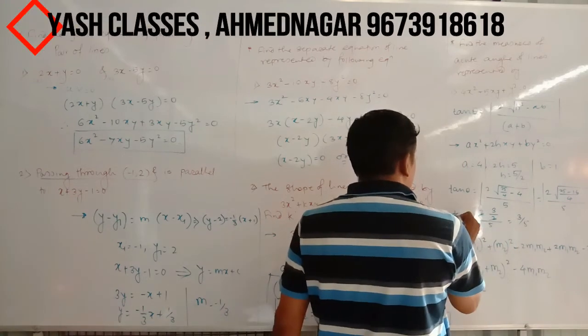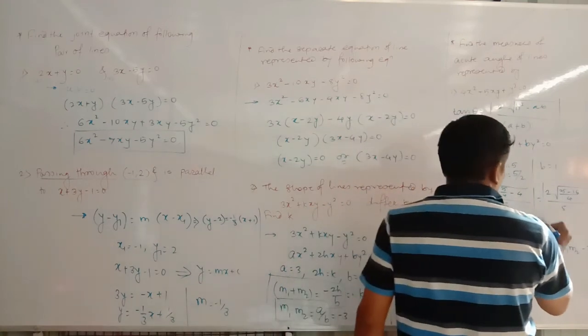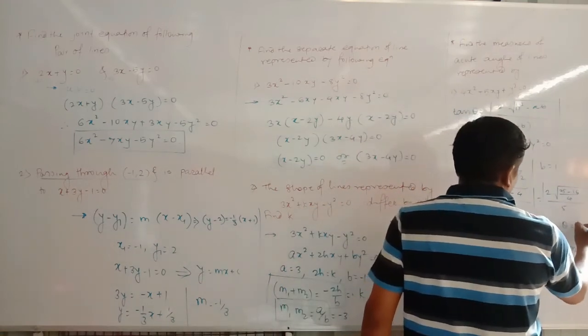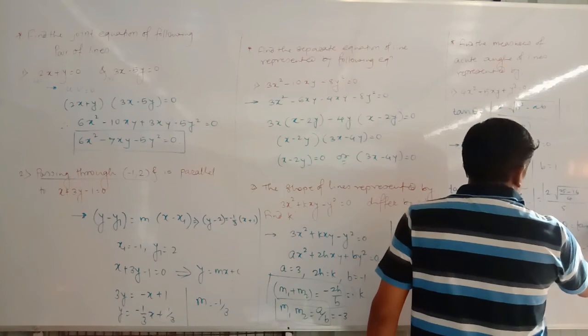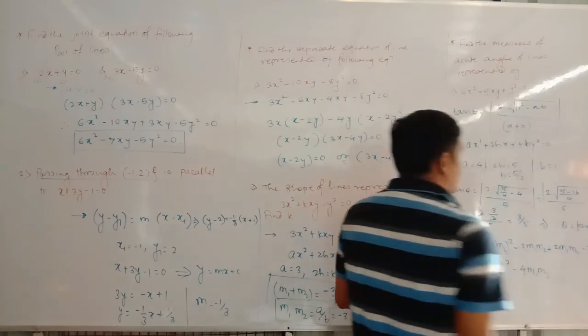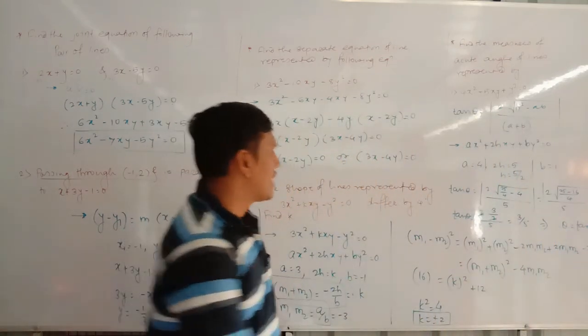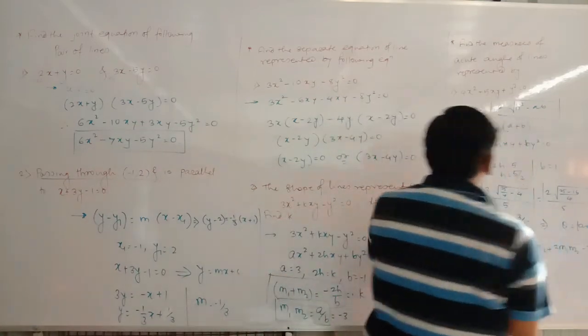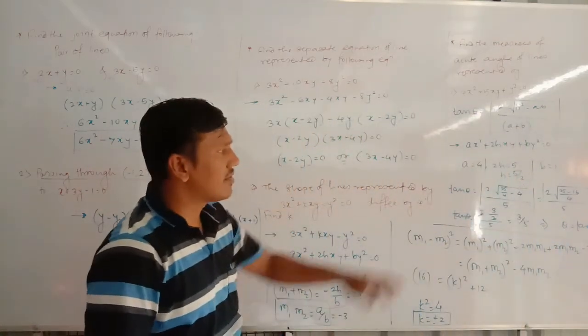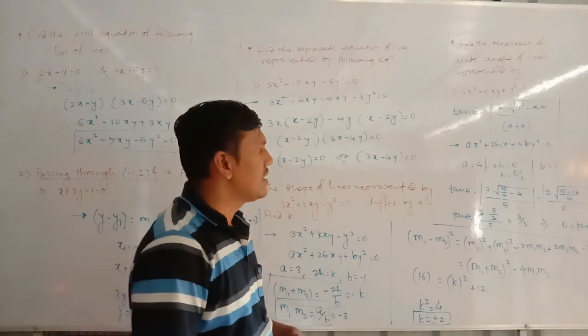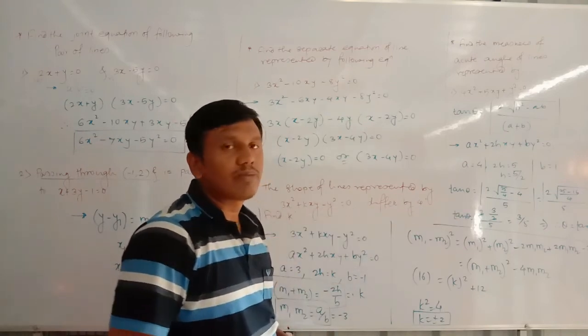So tan theta is equal to 3 by 5. Therefore theta is equal to tan inverse of 3 by 5. This is the acute angle between the given joint pair of lines.